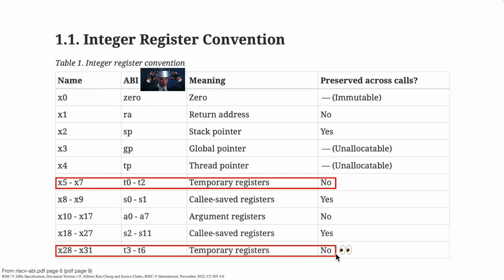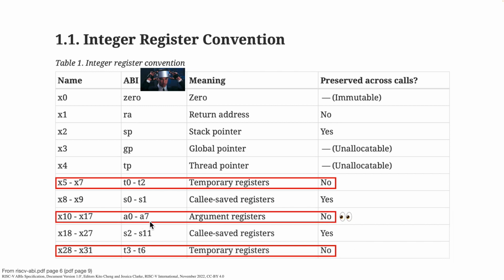Again, looking at the no's in this column, we also have those argument registers, A0 through A7. We talked about how argument 0 and argument 1, A0 and A1, are actually used to return values. So this kind of makes sense then that argument registers are set before calling into a function, but the caller should not assume that they're not going to be changed.